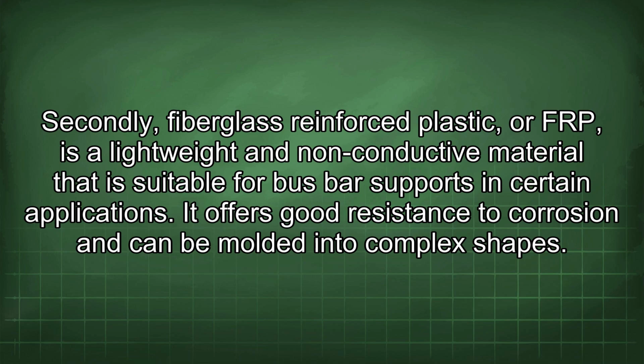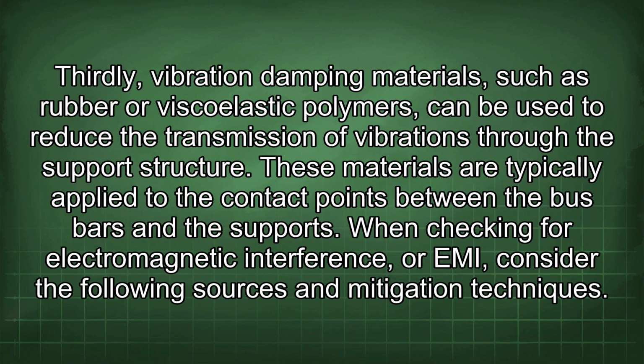It offers good resistance to corrosion and can be molded into complex shapes. Thirdly, vibration damping materials such as rubber or viscoelastic polymers can be used to reduce the transmission of vibrations through the support structure. These materials are typically applied to the contact points between the bus bars and the supports.